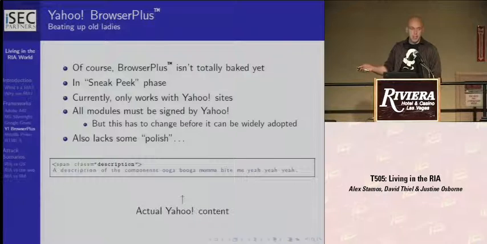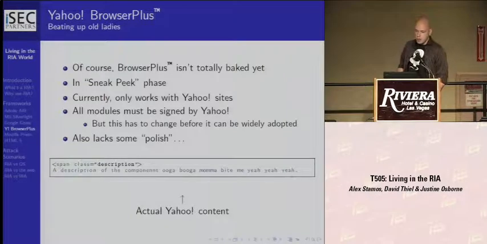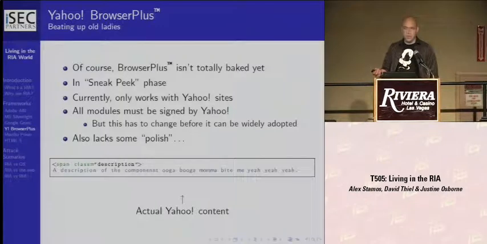Admittedly, it's in a preview phase, and part of the reason for that is because they're trying to figure out how they can do this without making everything entirely insecure. And I can't really see a way that that's going to happen. Right now, there is a framework for signing these modules, but they also accept calls from outside sources.